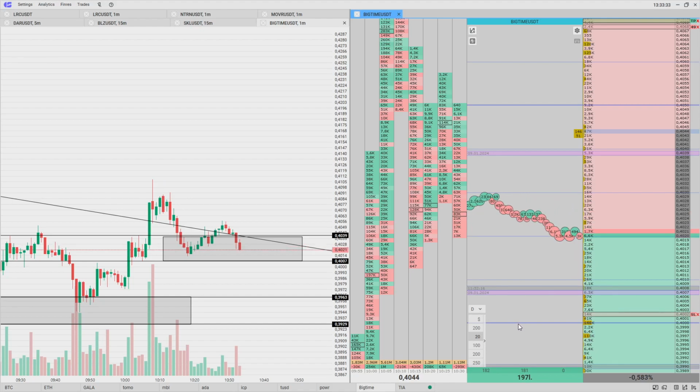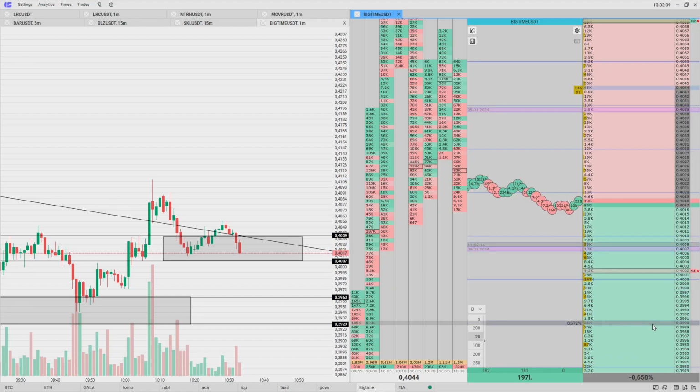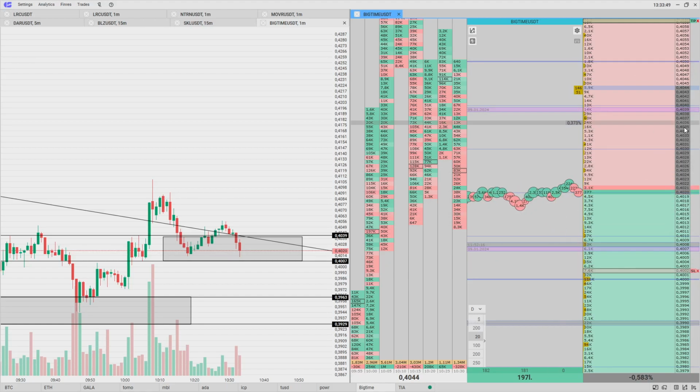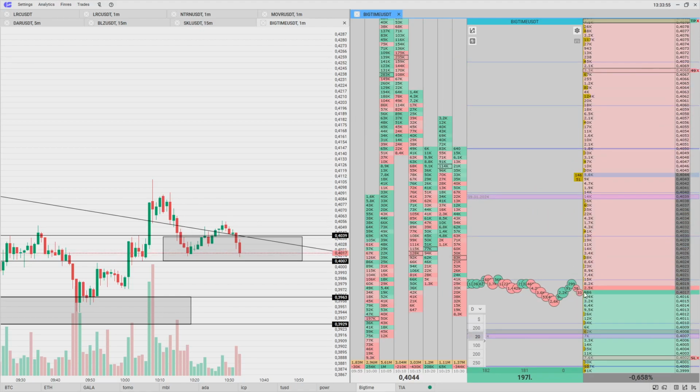That's absolutely real if you follow all the rules. There maybe will be a stop loss hit, maybe not. But we do not add to the position. We just wait, either stop loss or fixation.